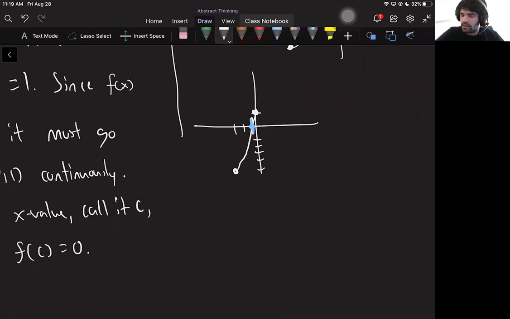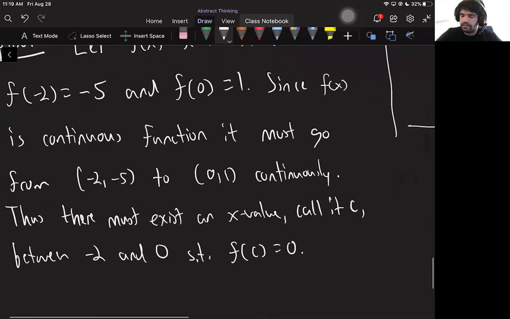That's exactly what this picture is displaying here. Because I go from here to here, I've got to cross somewhere, so that C is where I'm crossing 0. So that means when I plug it in, I get 0 as my answer.